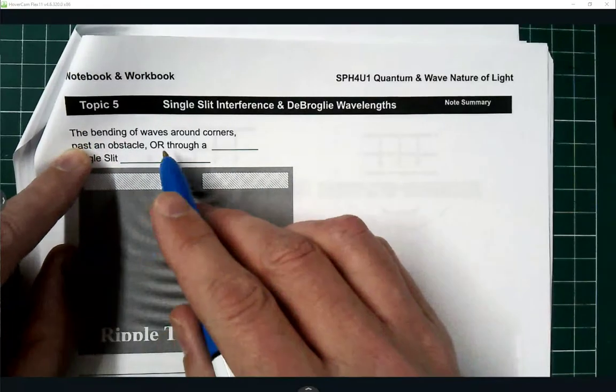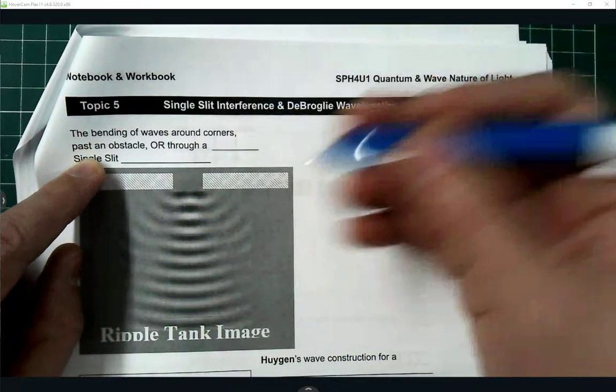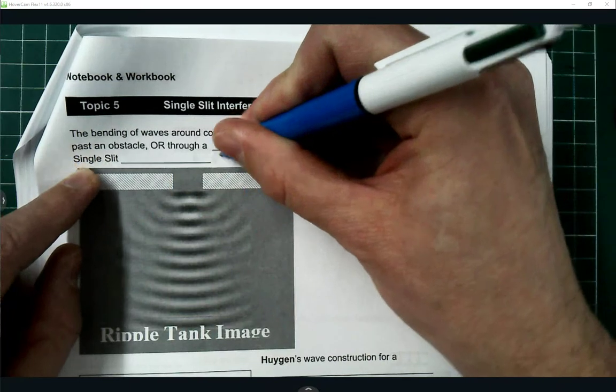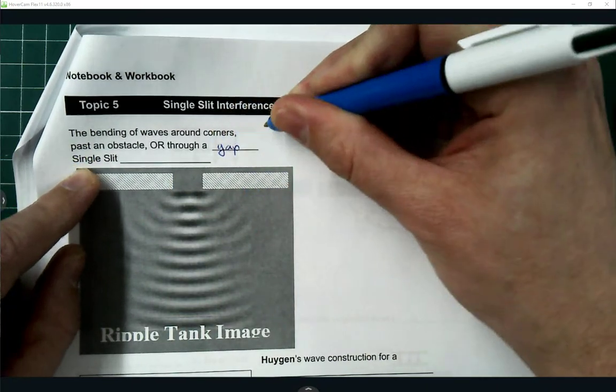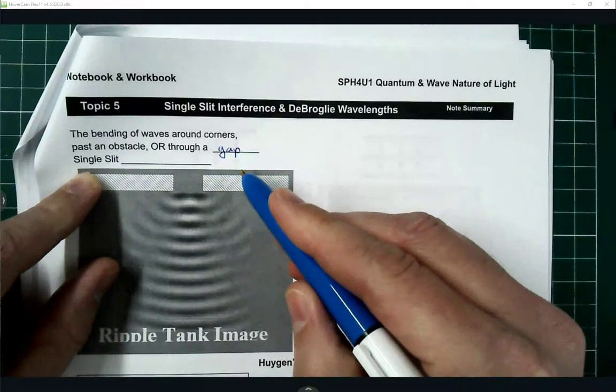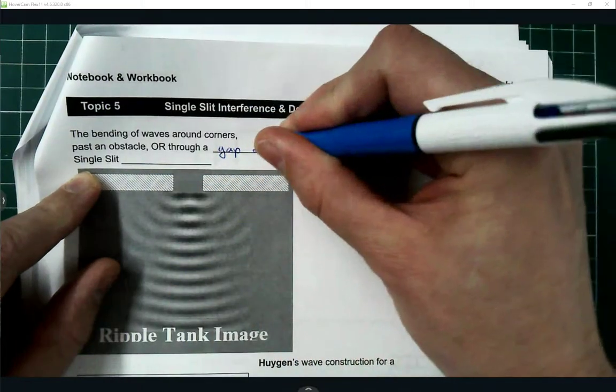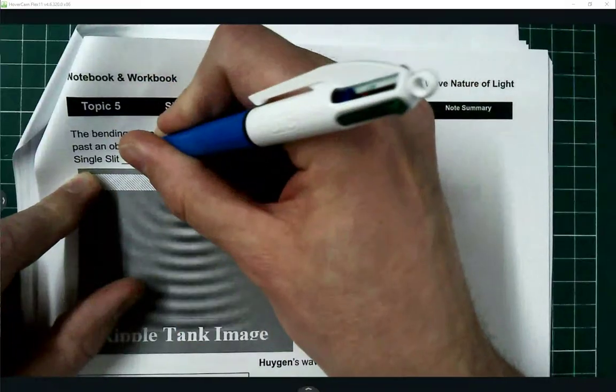So the bending of waves around corners past an obstacle or through a gap or a single slit causes diffraction.